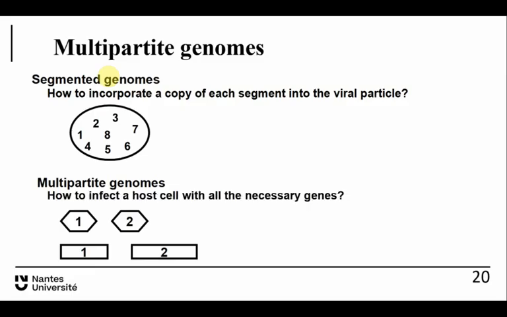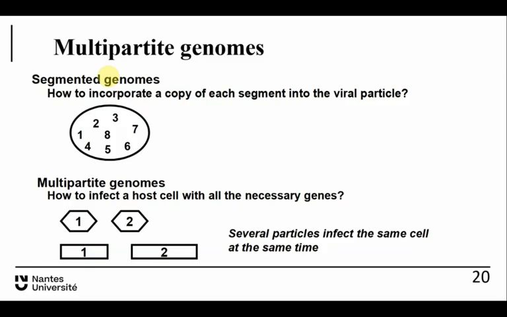Whereas for multipartite genomes, the problem is how to infect a host cell with all the necessary genes. For that to happen, several particles have to infect the same cell at the same time, so that you can ensure that some of these and some of these infect the same cell.